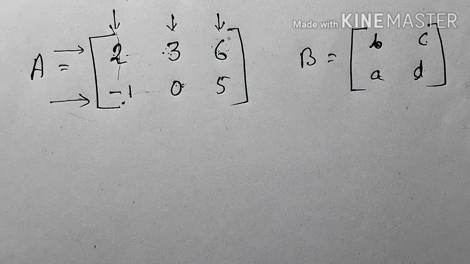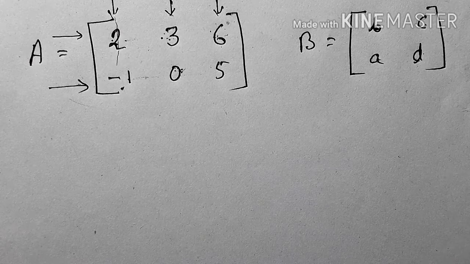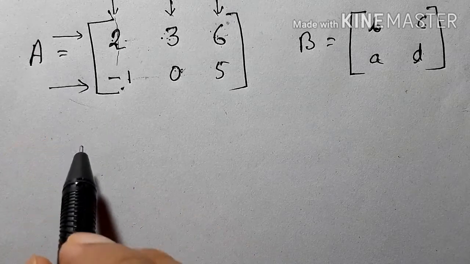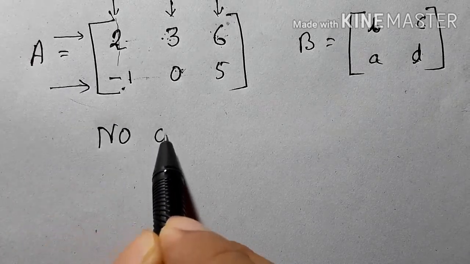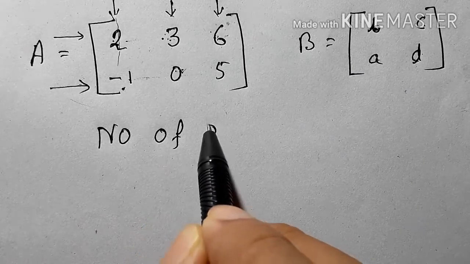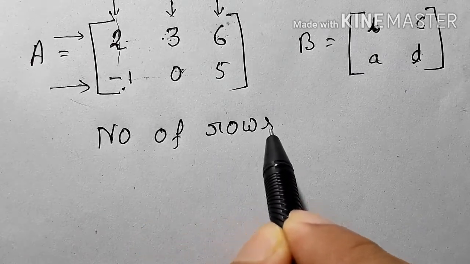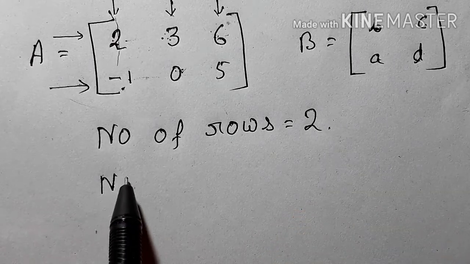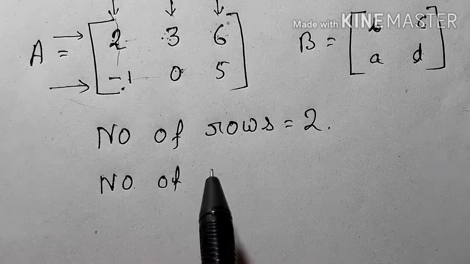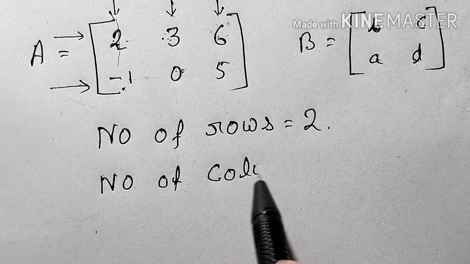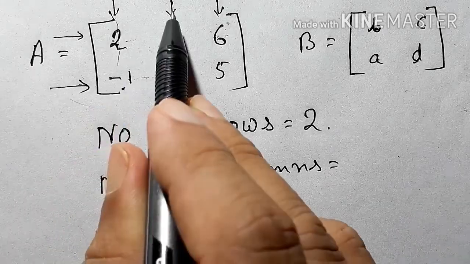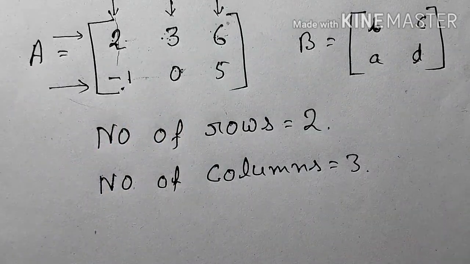Next point, order of matrix. Here we can see number of rows equal to 2 and number of columns equal to 3.